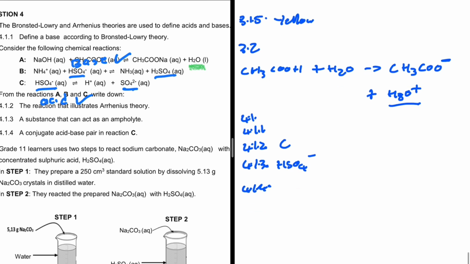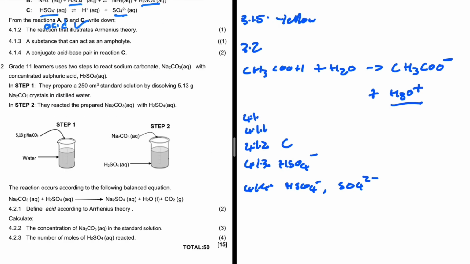So the pair is HSO4 minus and SO4 2 minus. So there we go. That is 4.1.4.